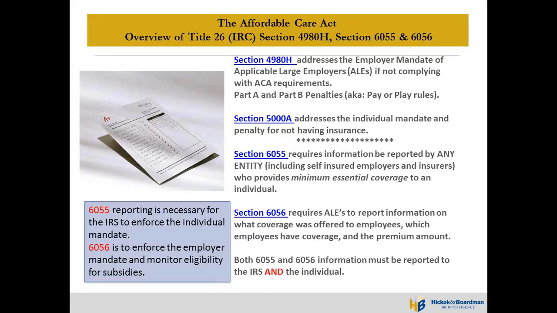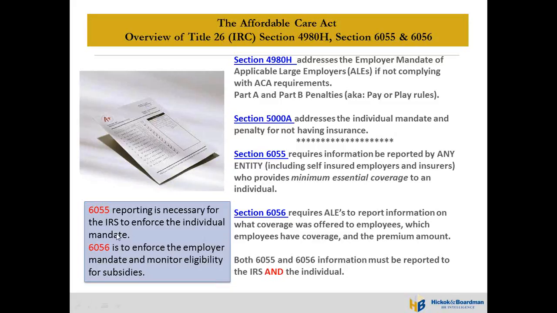Now remember that the reason for this reporting is because of the employer mandate and the individual mandate. The Section 6055 reporting is necessary for the IRS to enforce the individual mandate, and 6056 is to enforce the employer mandate.